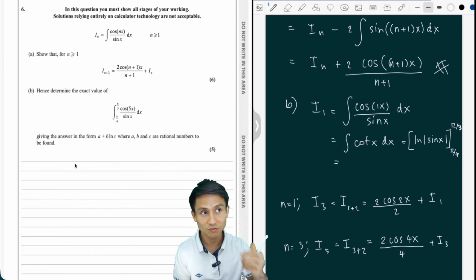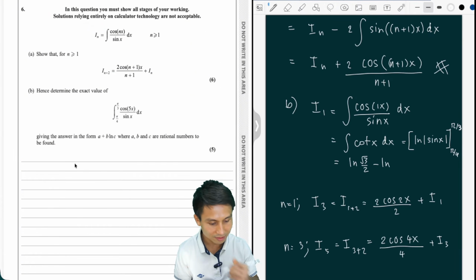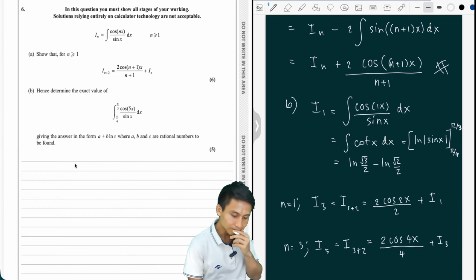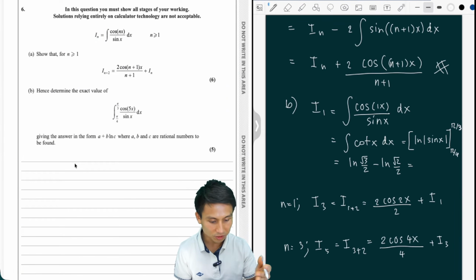Sine pi over 3 is root 3 over 2. So that's ln root 3 over 2, which is already positive, so we don't need to do that. Minus ln sine pi over 4, which is ln root 2 over 2, right? If we use a log property to merge them, we get ln of root 3 over 2 divided by root 2 over 2. Well, that is just, let me move down again.